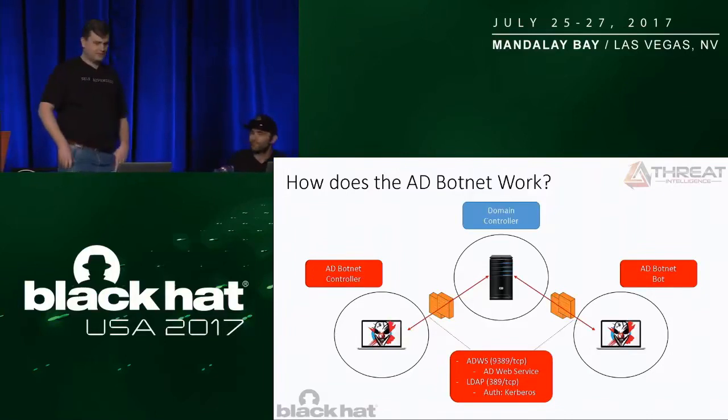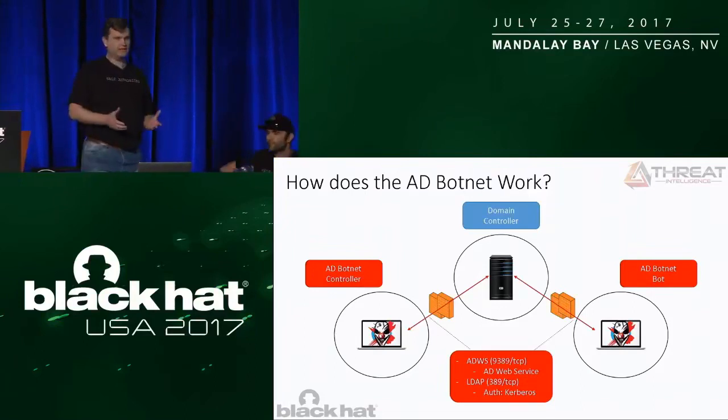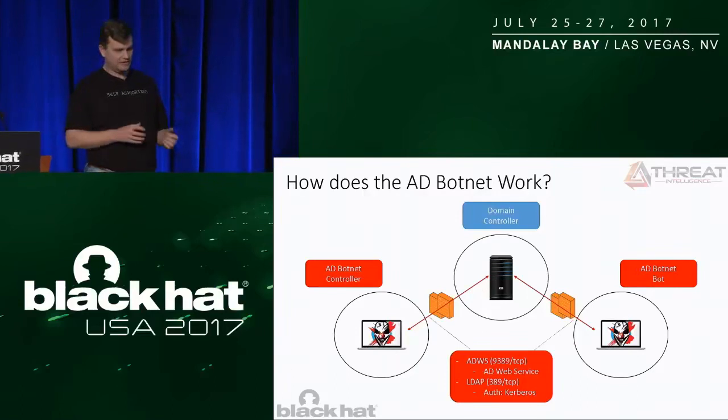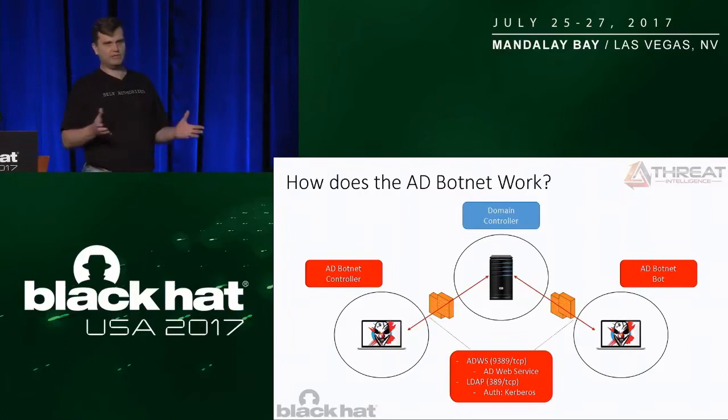All right, so as Ty's been saying, one of the interesting things about using Active Directory for the command and control is that it basically turns whatever network you've got, no matter what segmentation or what network controls you've got in place, from a segmented network into more like a star-based network where at the center of the star, you've got the domain controller.